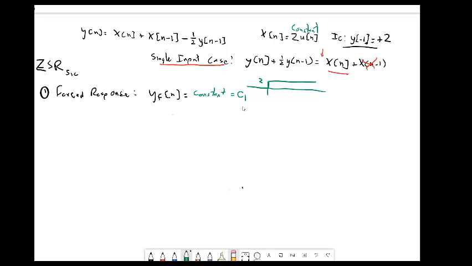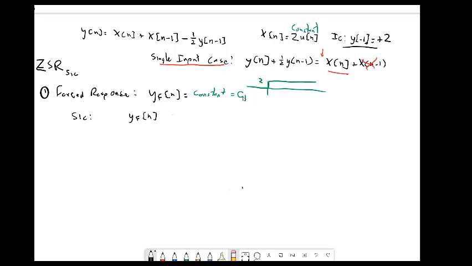Well, I'm going to use the single input case difference equation, and I'm going to plug y of f, my assumed version of it, into the single input case difference equation. So that I'm basically going to say, this has to be a solution of that equation.